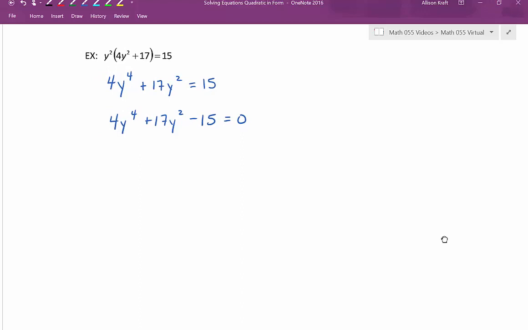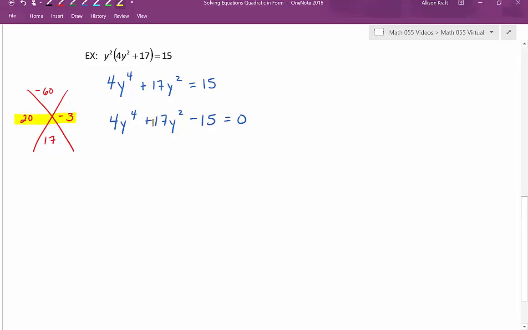The leading coefficient is not 1, so I'm going to use my x method to factor. A times c in the top, b in the bottom. We're looking for two numbers that multiply together to be negative 60, but add together to be positive 17. Positive 20 and negative 3 work.